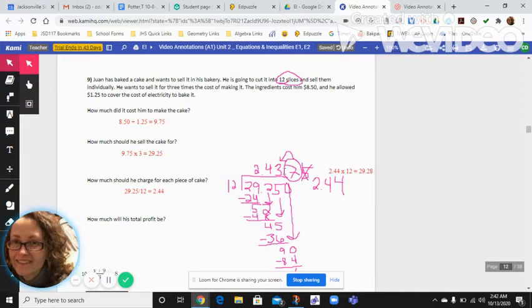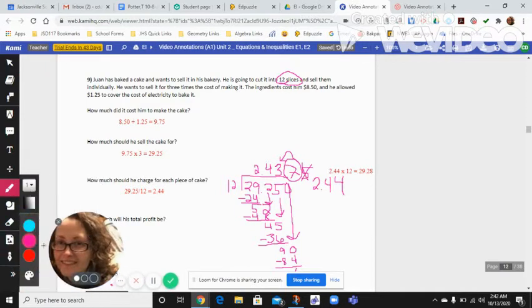But that's not how money works. I only want 2 places after the decimal. So I want to round to the second decimal spot. I look at the next number, and since that's greater than 5, I'm going to round up the 3, and that's what gave me my $2.44.